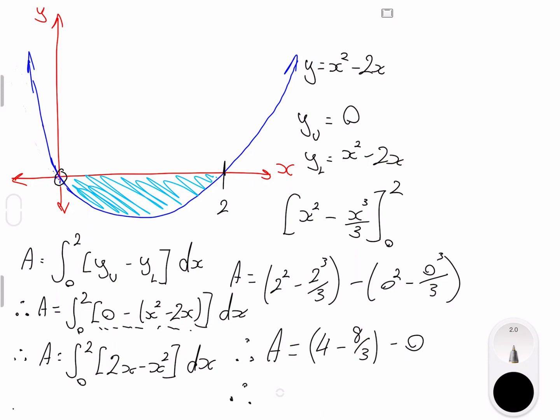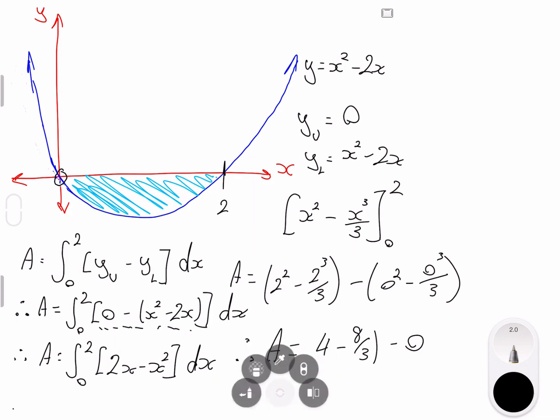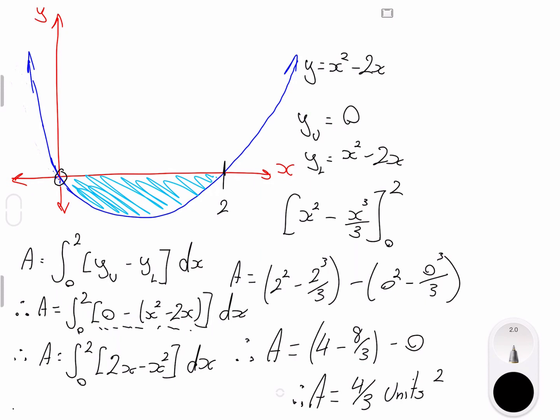Therefore, our final answer for this, our area, is just going to be equal to 4 on 3 units squared. And that's really all it is.